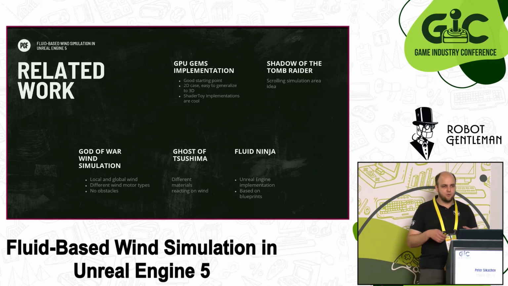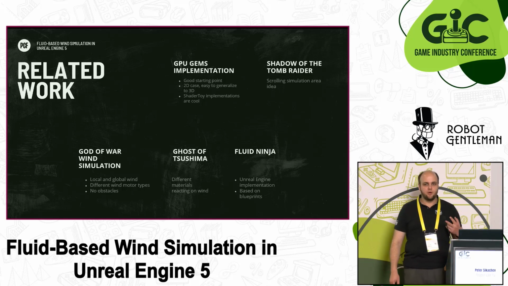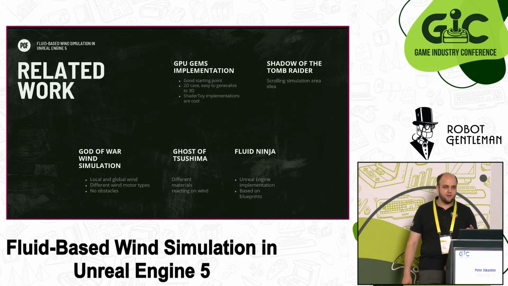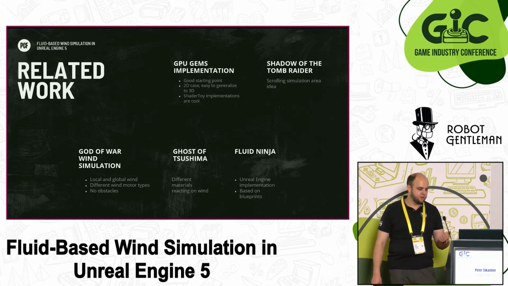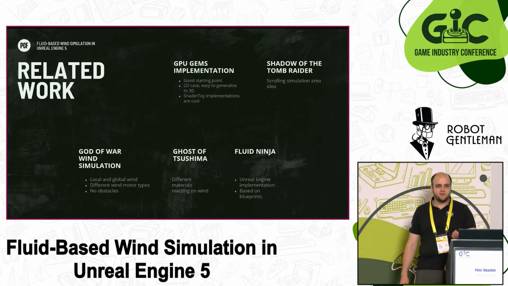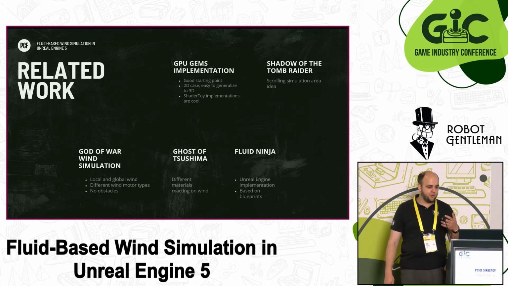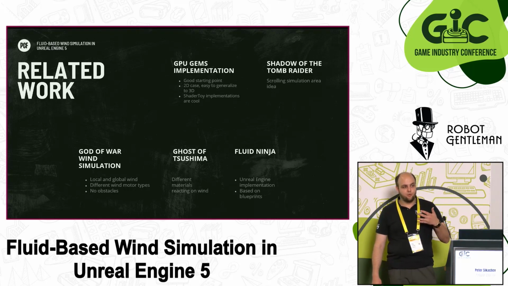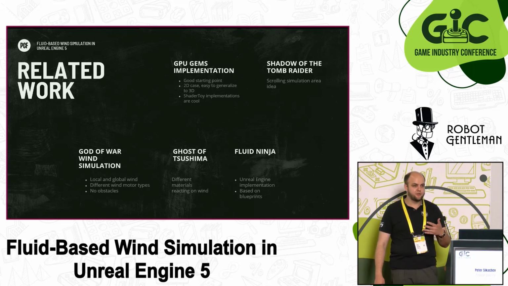And then I wanted to talk about two methods for wind simulation. The most recent ones were God of War and Ghost of Tsushima. In God of War, the biggest highlight was the way they separated local and global wind, and that for local winds, they introduced different motor types.